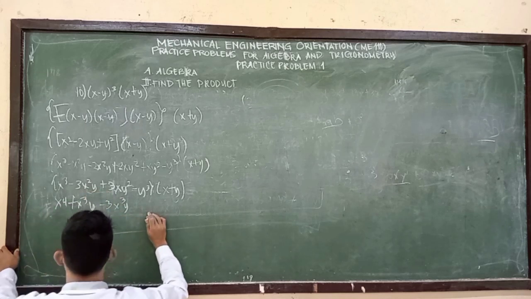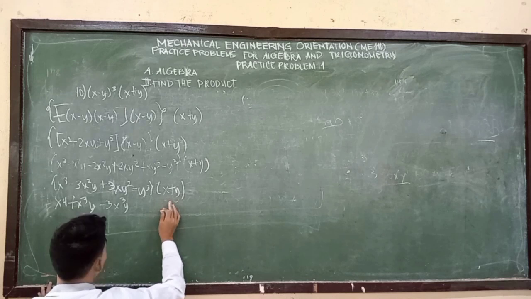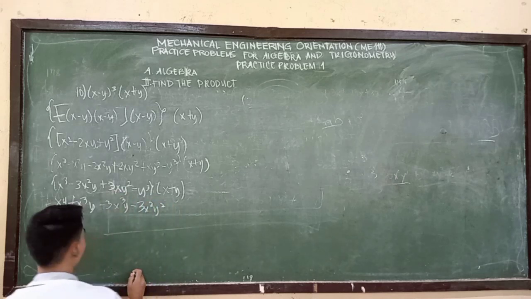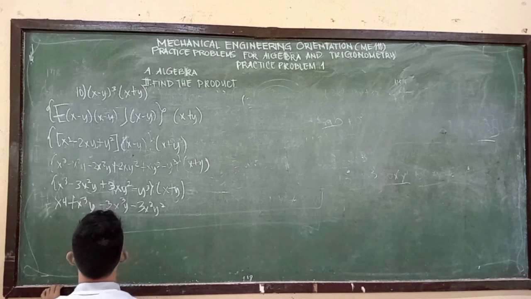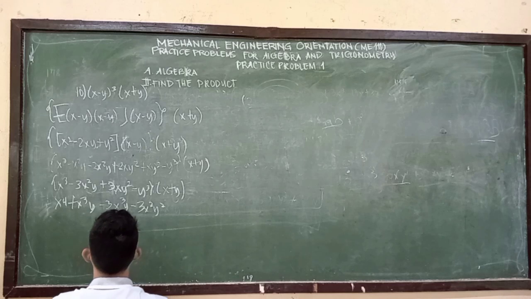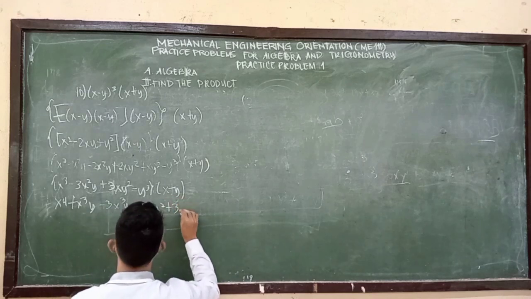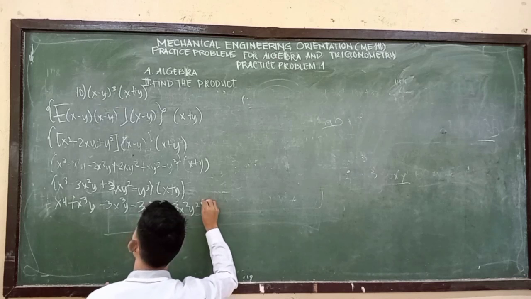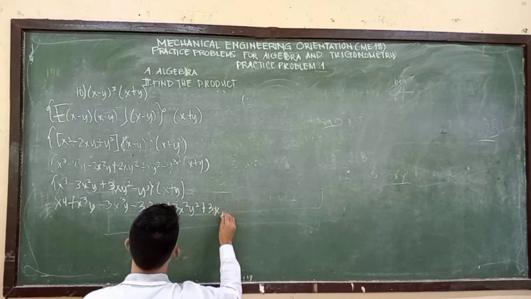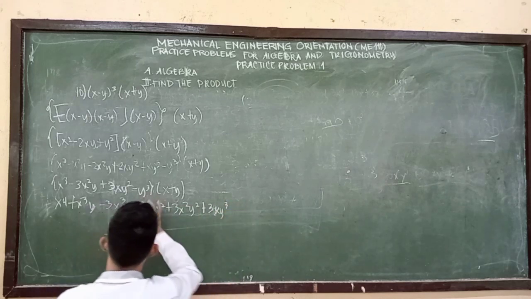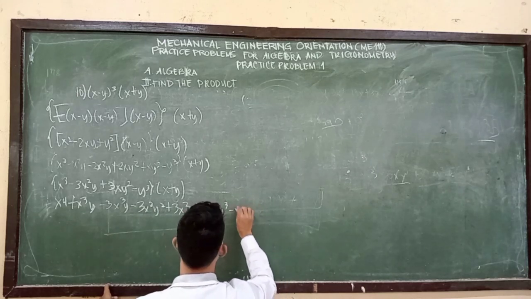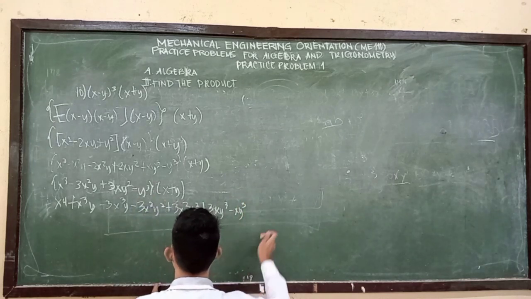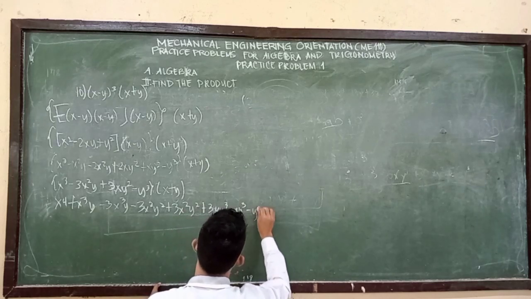Negative 3x squared y times y is negative 3x squared y squared. 3xy squared times x is positive 3x squared y squared. 3xy squared times y is positive 3xy cubed, and then negative y cubed times x is negative xy cubed, and then negative y cubed times y is equal to negative y to the fourth power.